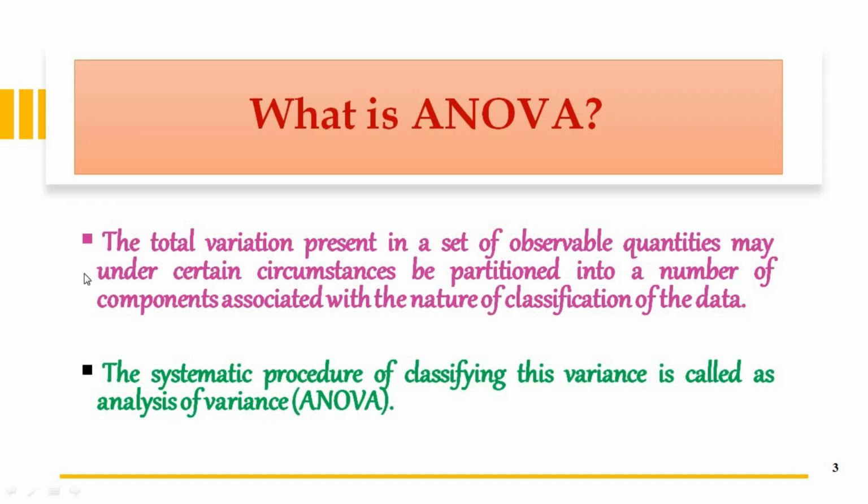So as a definition, we can say the total variation present in a set of observable quantities may under certain circumstances be partitioned into a number of components associated with the nature of classification of the data. So the systematic procedure of classifying this variance is called analysis of variance, or in short ANOVA. So this is the definition of ANOVA.